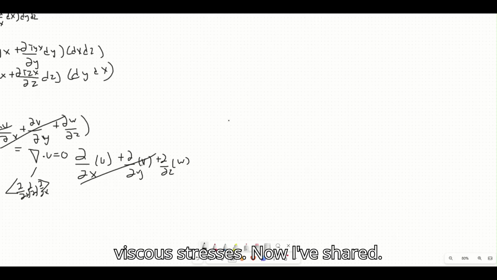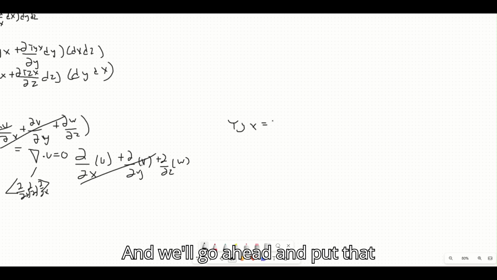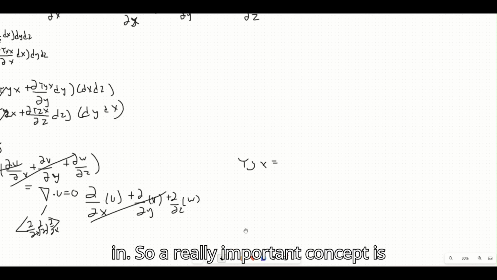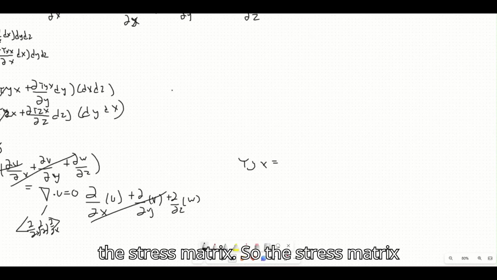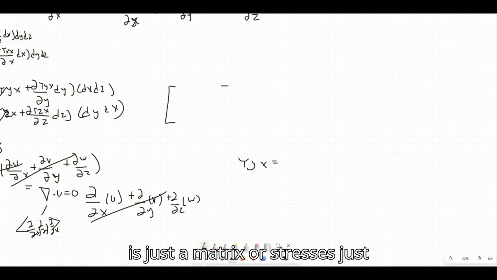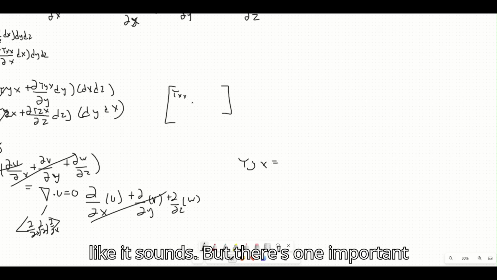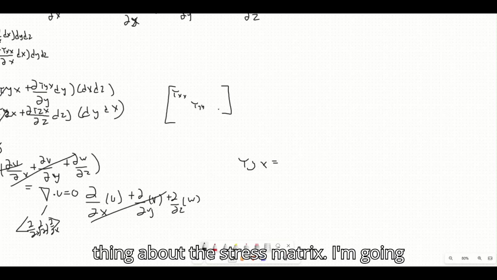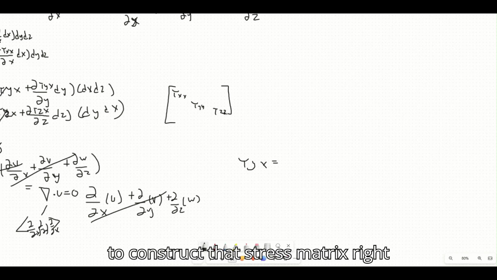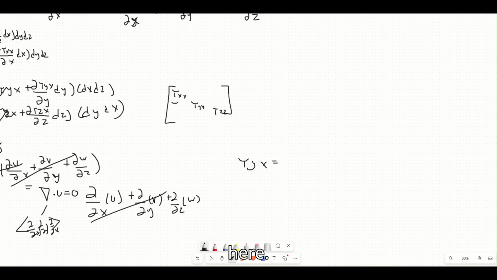Now our shear, we'll go ahead and plug that in. So a really important concept is the stress matrix. The stress matrix is just a matrix of our stresses, just like it sounds, but there's one important thing about the stress matrix, and I'm going to construct that stress matrix right here.